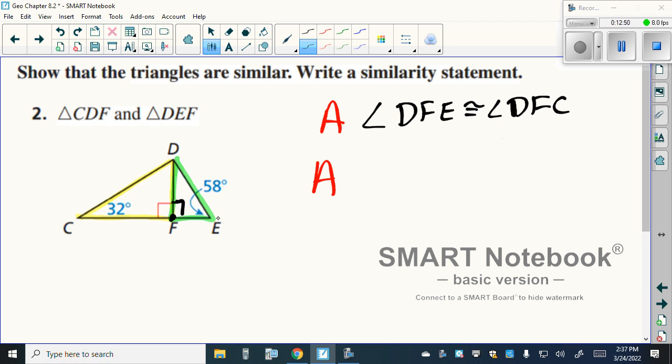Well, now we need one more set of angles, yes, that are congruent. Which one do we want to try to find? The one in yellow? Okay. Now we know that these three angles add up to be 180, yes? Well, we also know that the two acute angles add up to be 90, since it is a right triangle.